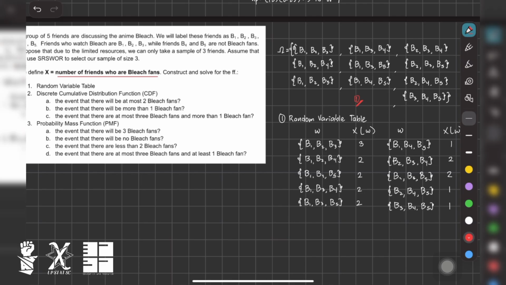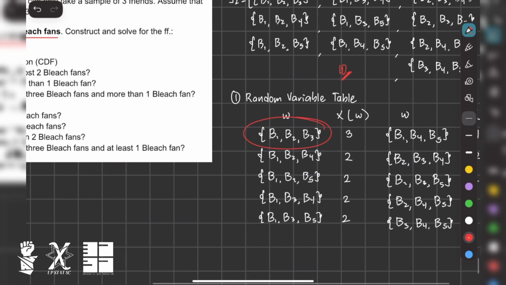So what values will your big X take up? For example, when we look at this sample right here, B1, B2, and B3, we know that B1, B2, and B3 are all Bleach fans. So the value of your big X will be 3.